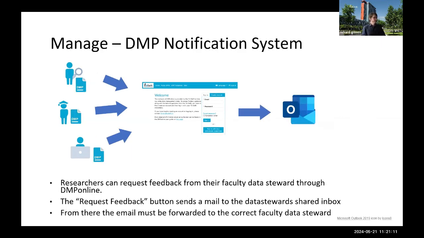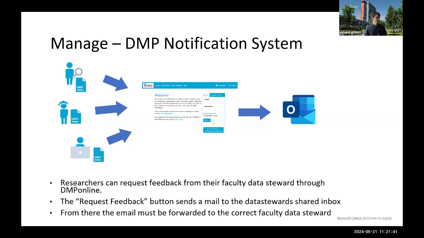So as Deepshikha said in the earlier part of the talk, we have a lot more data stewards than some other universities. We have at least one data steward in every faculty. Some faculties, like mine, have 2 data stewards. And we need a way to ensure that all of these DMP requests from all these students and researchers and PhD candidates are forwarded to the right people.